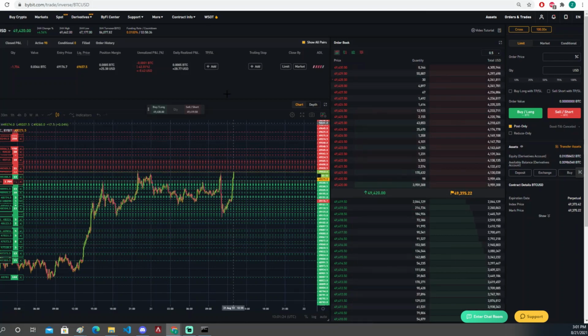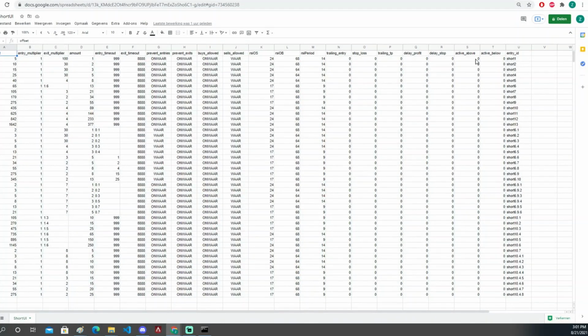So 49,470, active above 49. Right, so I'm going to activate it upon starting my bot, but as soon as I see that level confidently being broken and maybe even being flipped into support, I will stop this table with these aggressive shorts basically.